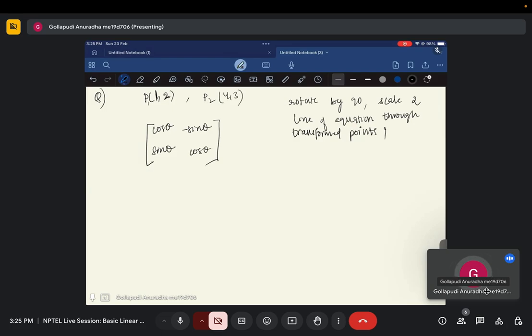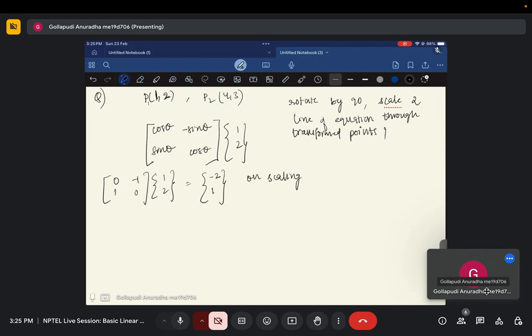So this is the rotation matrix. So the new point for P1 will be this.